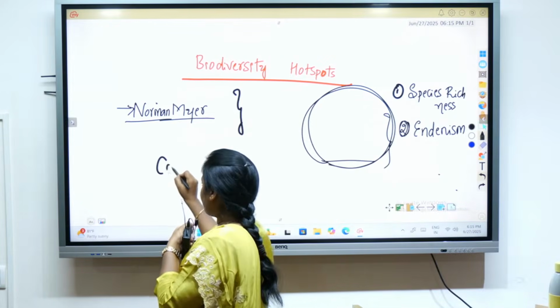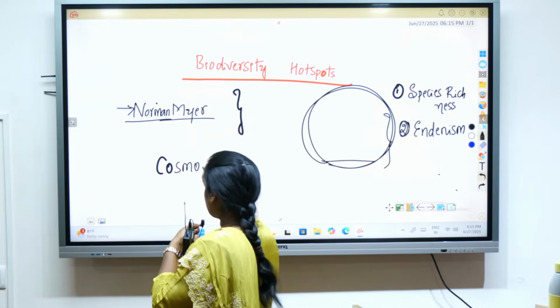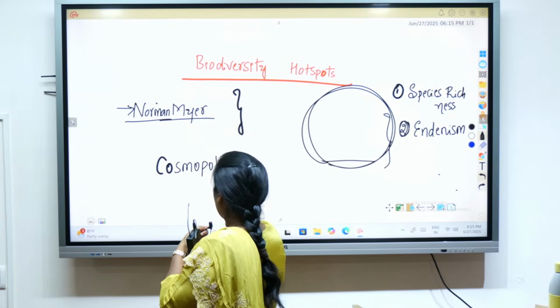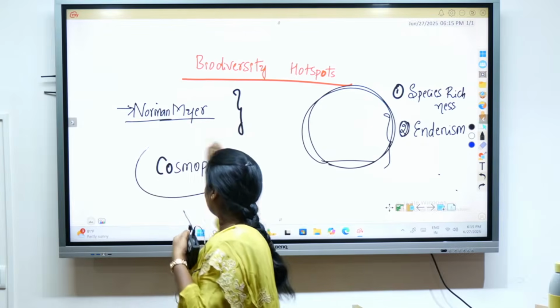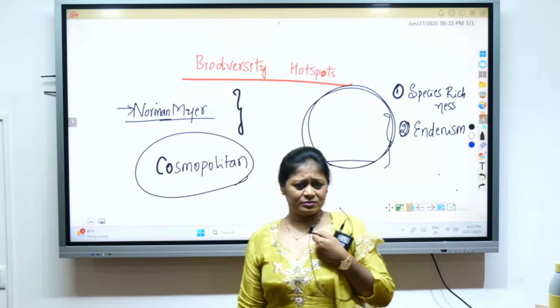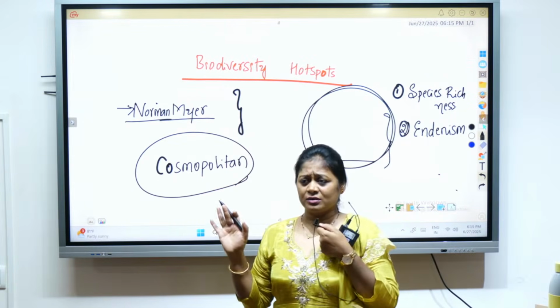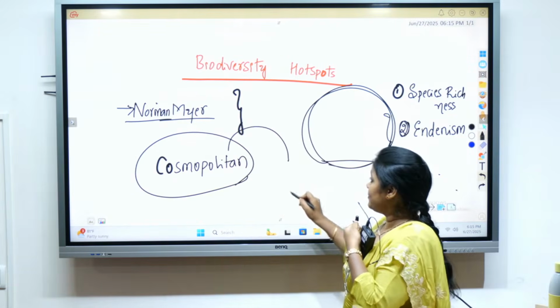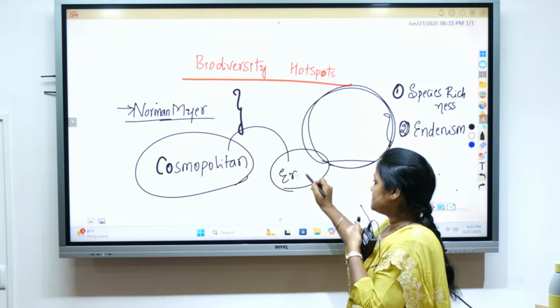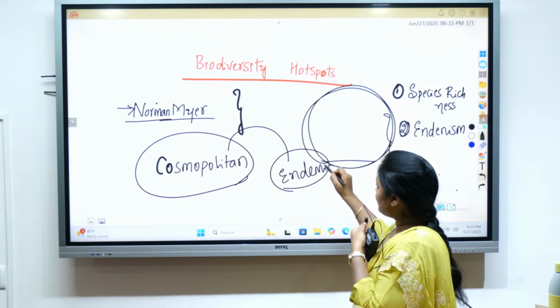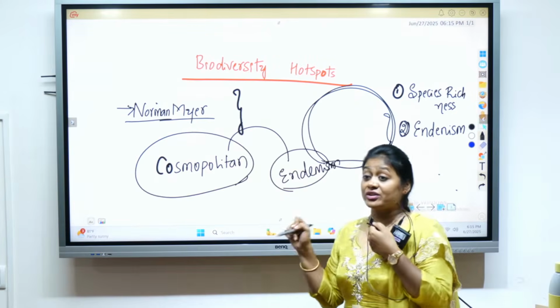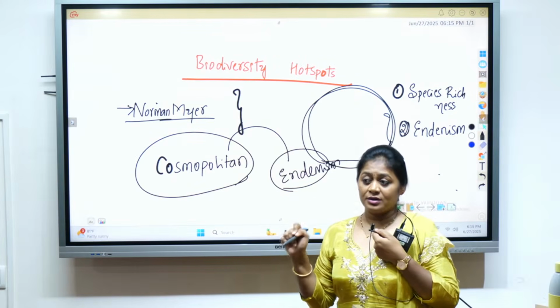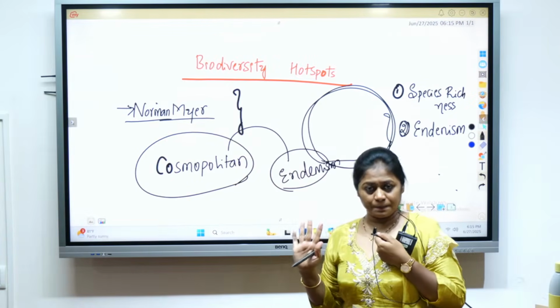Cosmopolitan means found everywhere. What is found everywhere we call cosmopolitan. So contradictory to this is endemism. Endemism means it is restricted to a particular geographical area.